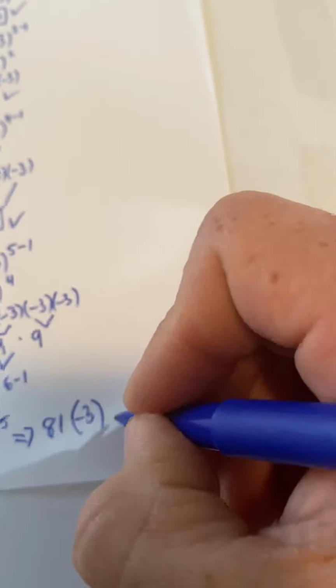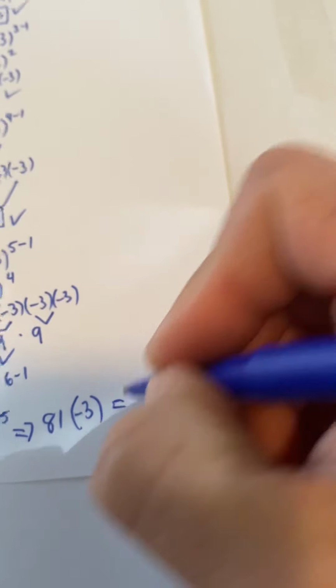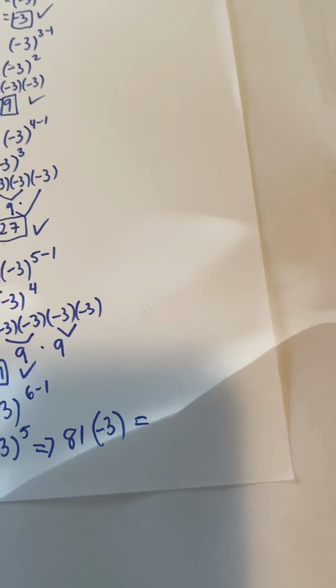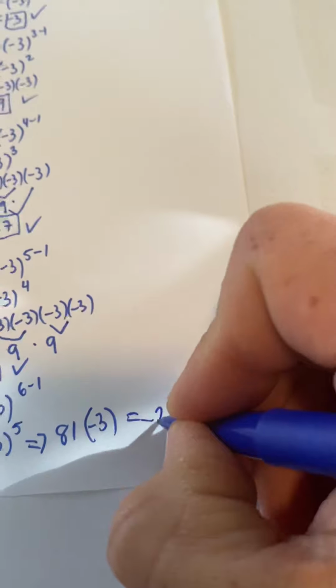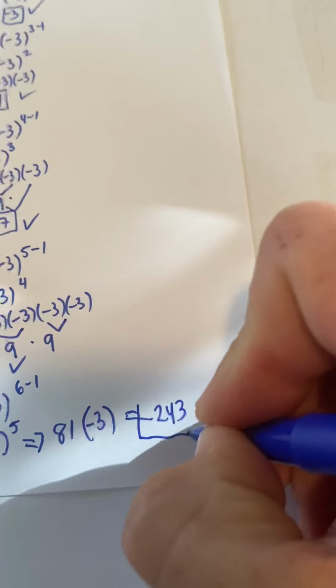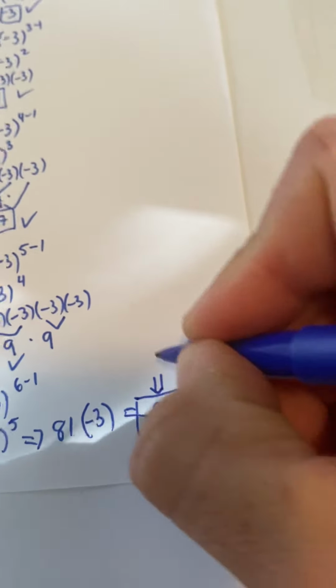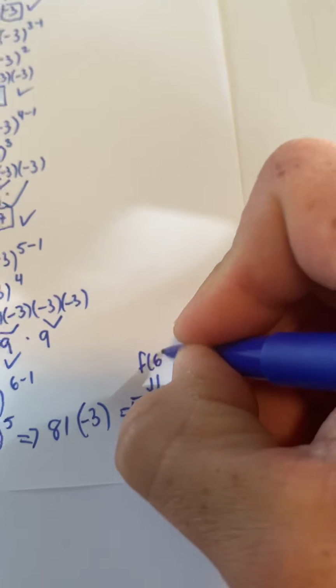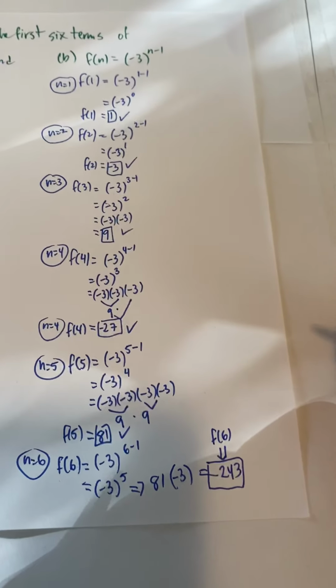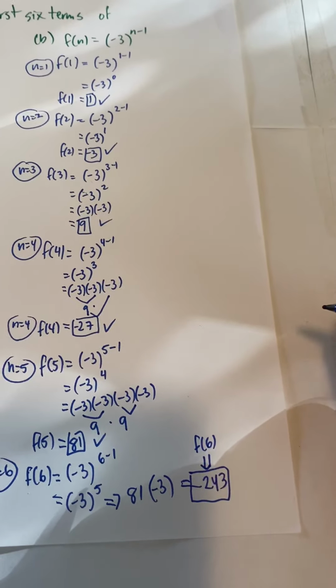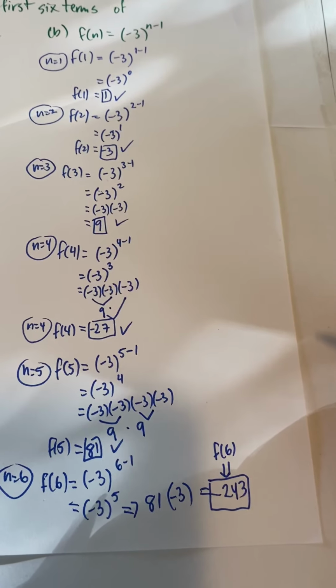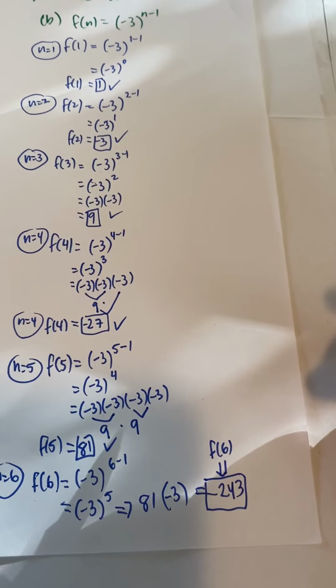So basically the answer for f of 6 is 81 times negative 3, which in this case is negative 243. So there you go. You just found your first 6 terms of this function. Go ahead and check your work, and feel free to reach out if you have any questions.